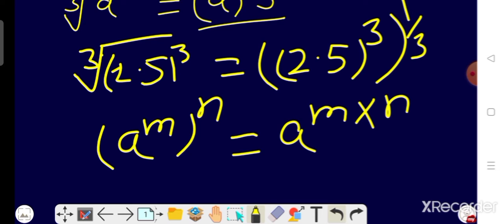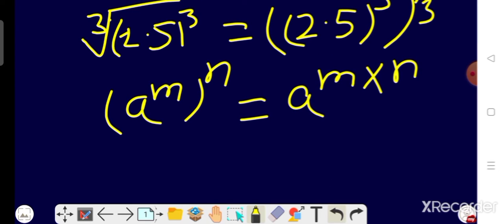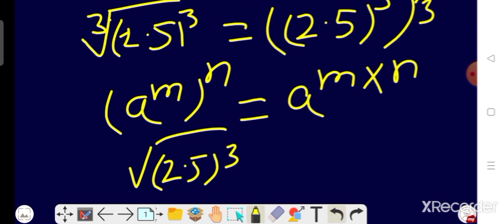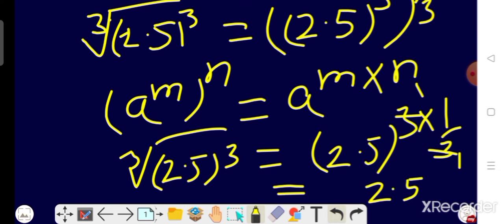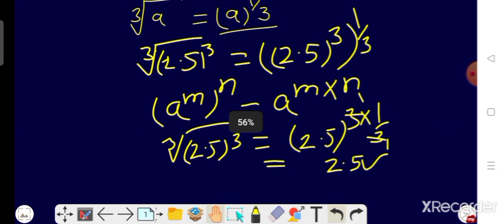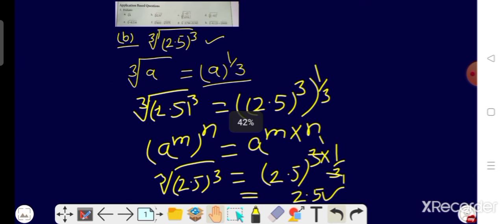By using this property, the cube root of 2.5 raised to the power 3 is equal to 2.5 raised to the power 3 multiplied by 1/3. 3 is the common factor between numerator and denominator, so it is cancelled out, and this is equal to 2.5. So the cube root of 2.5 raised to the power 3 is equal to 2.5. This is the solution of your B part. I hope you will get it.